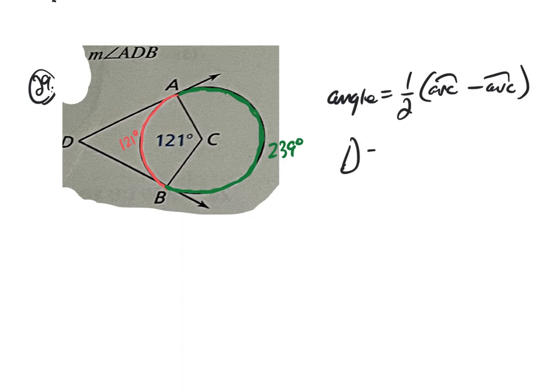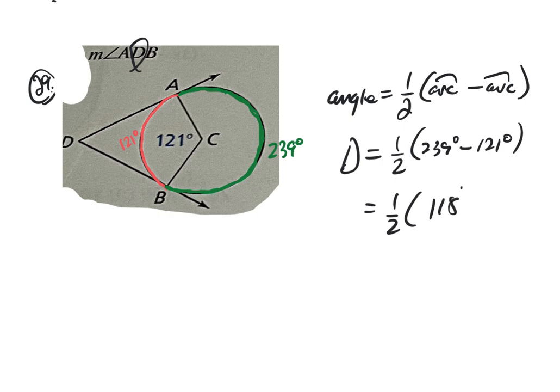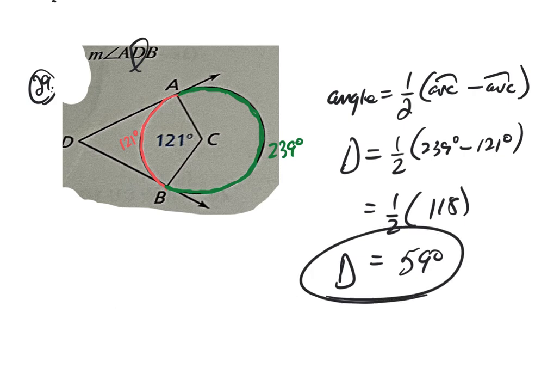So the angle located at D is going to be equal to half the big arc minus, pardon me, the small arc. Okay, so 239 minus 121 is 118. And then half of 118, I believe, is 59. I'll double check that. Yep. So 59. So the angle at D is 59 degrees.